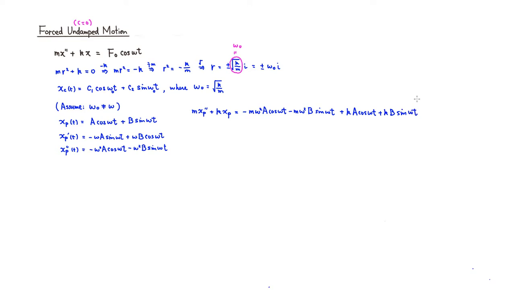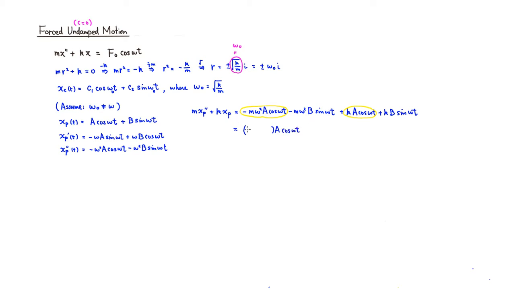All right. Then we're going to collect the like terms. I'm going to collect the cosine terms together. Combining that, I'm going to pull out a, and also cosine of omega t.